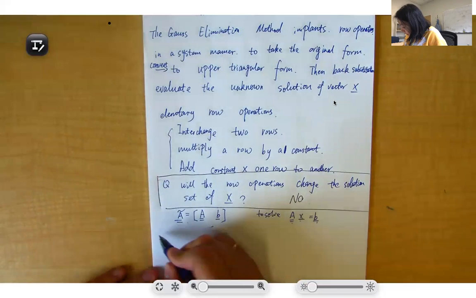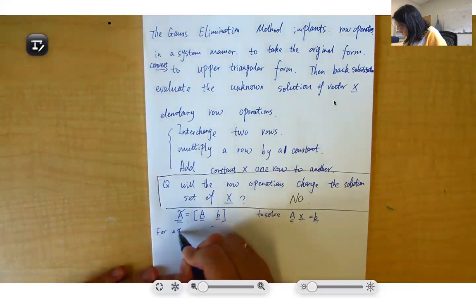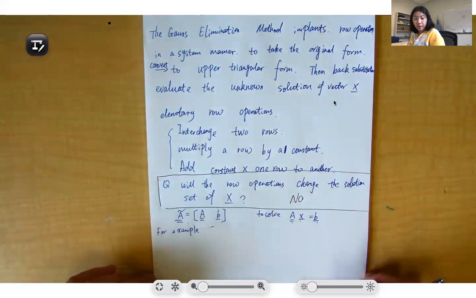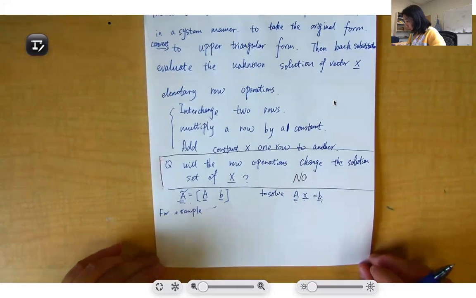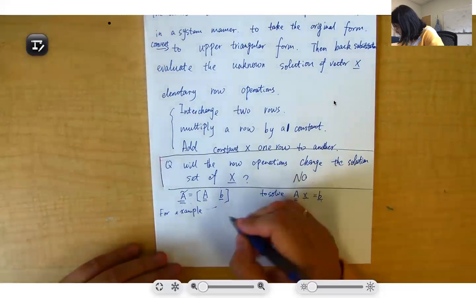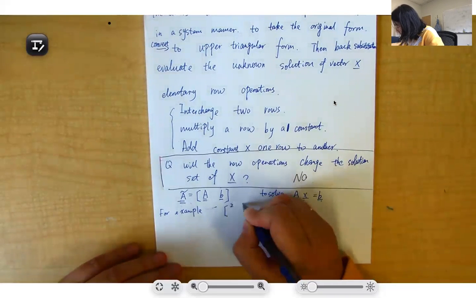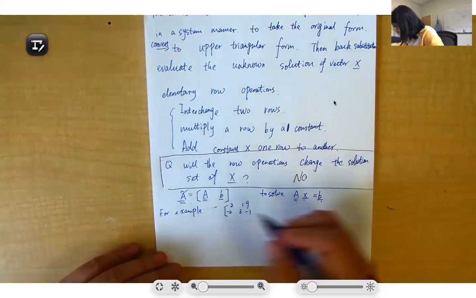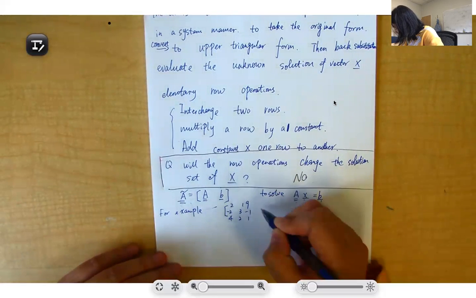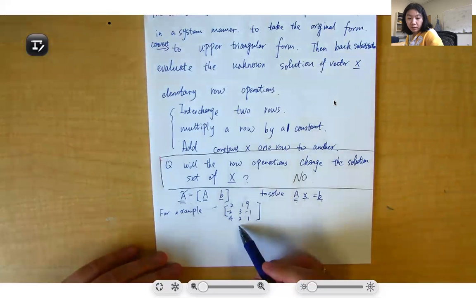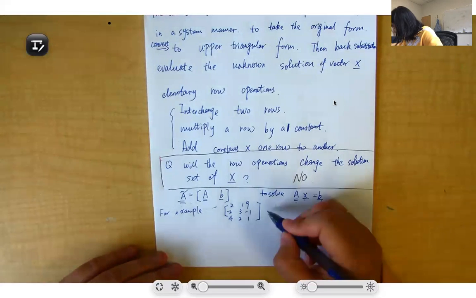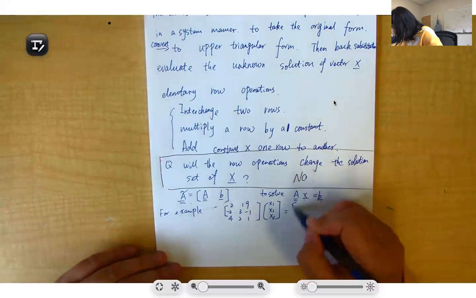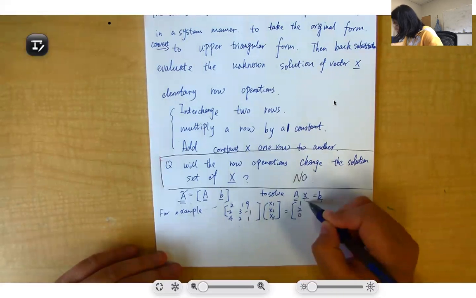So we will make an example. You have A equal to 2, 1, 9; minus 2, 3, minus 1; 4, 2, 1. That is your 3 by 3 matrix A. The x is x1, x2, x3, equal to 1, 2, 0.